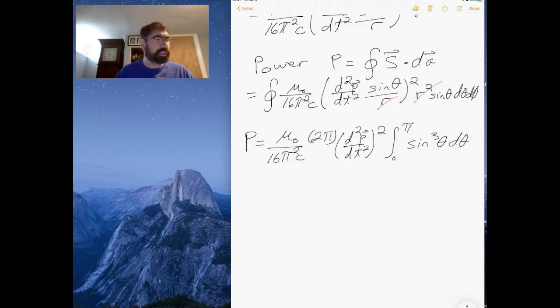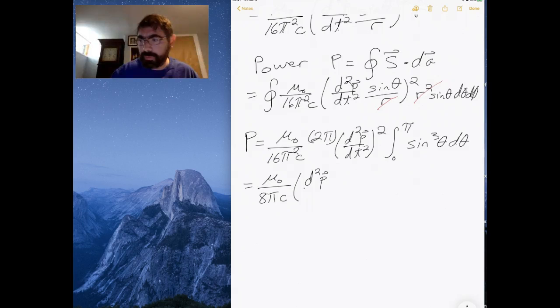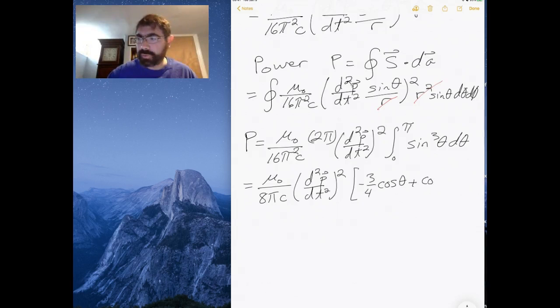Okay, so now you can go look that integral up, and what you should get now is minus 3/4 cosine theta plus cosine 3 theta over 12, evaluated from 0 to pi.